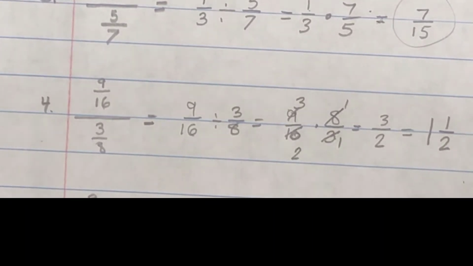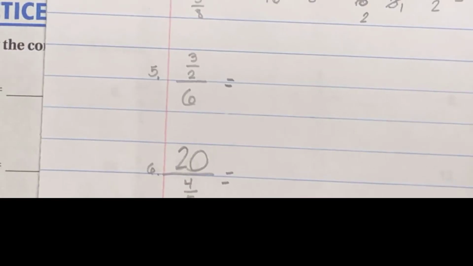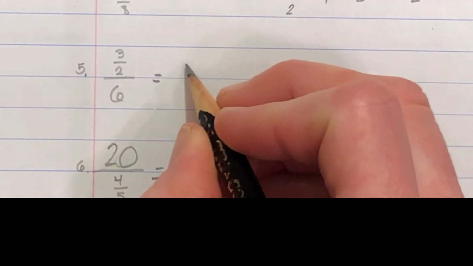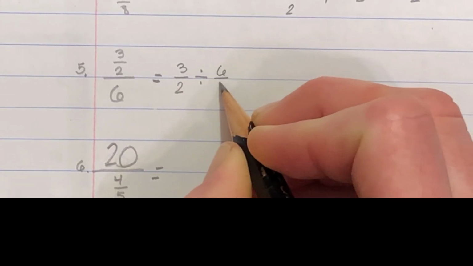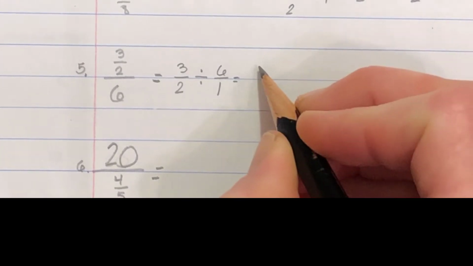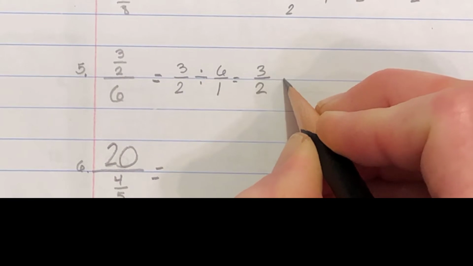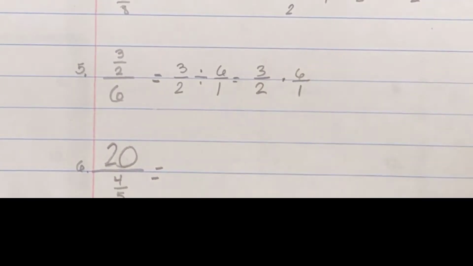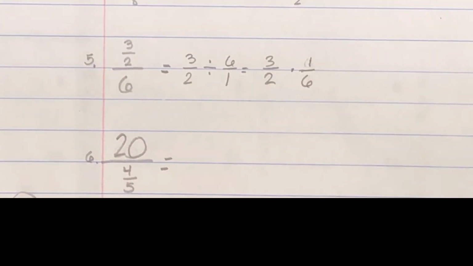Now number 5. 3/2 divided by 6. 3/2 divided by, and I'm going to write it in fraction form, 6 over 1, is the same as, well, written as multiplication so that we can actually divide it out. 6 over 1, whoops, 1 over 6, the reciprocal.